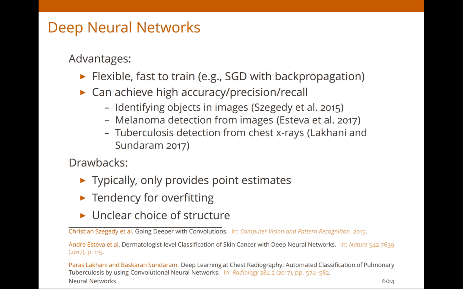Neural networks also have a tendency for overfitting. This comes from the problem of, in a deep neural network with lots and lots of nodes, lots of perceptrons, that means even more weights. And sometimes there's just so many weights that I can start basically memorizing all the information I've seen and not be able to generalize very well. To give this some context, that first paper up there, the one that can identify objects in images, that model has 6.8 million parameters to learn.